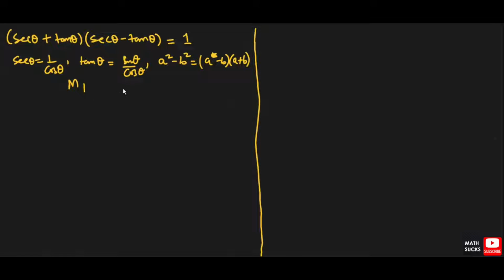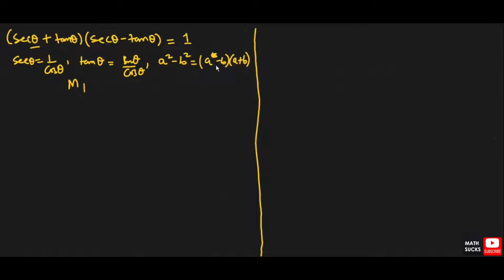Method one is the easiest, by just realizing that these are the same functions, but one bracket is plus and the other bracket is a minus. So when I recall the difference of two squares, this is the format, and that means I can condense the left hand side into the difference of two squares.